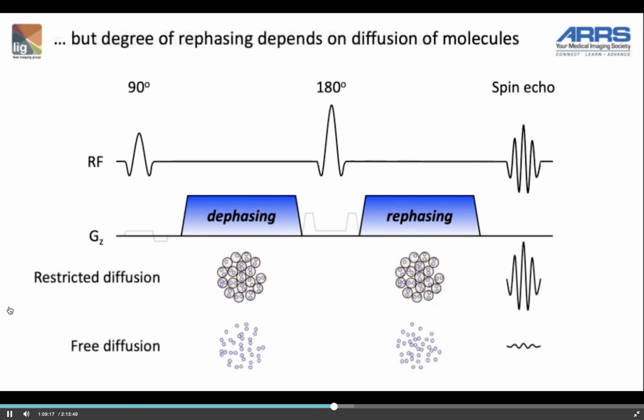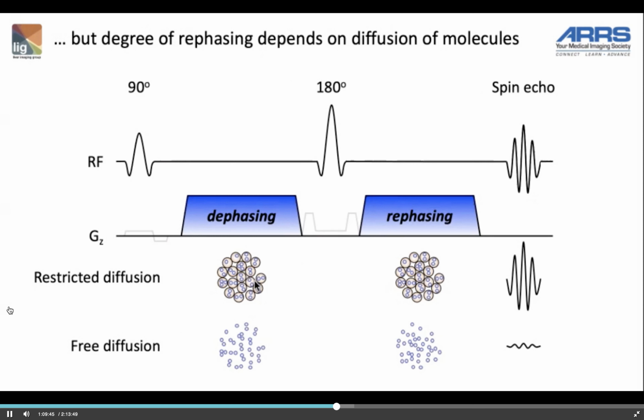The key is that the amount of signal that is gained back depends on the motion of the water molecules. If the water molecules have moved between the dephasing gradient and the rephasing gradient, for example, if there is free diffusion, then the rephasing gradient is no longer able to rephase the dephasing because the water molecules are no longer in the same place, and you end up with a weak signal.